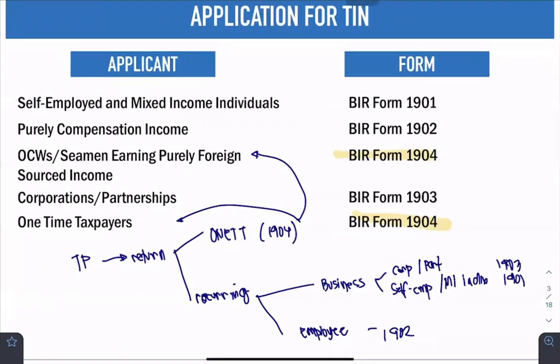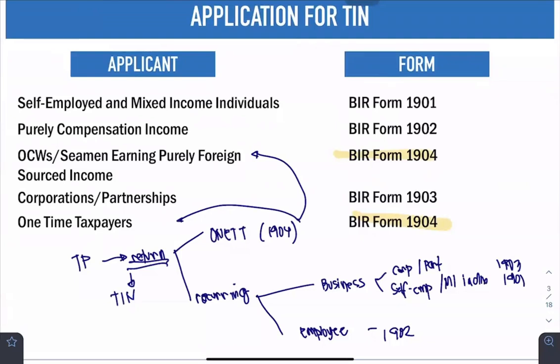Okay. So take note, whenever you need to file a return, what did we say? You need a TIN, right? Tax identification number. In getting the TIN, you must determine the type of taxpayer. If the taxpayer is ONET, a one-time taxpayer, OCW, seaman, purely foreign source income, then the form that you will use to register is 1904. But if the taxpayer has recurring transactions, such as a business, whether corporations or partnerships, 1903; self-employed or mixed income individual, 1901; and an employee, 1902.